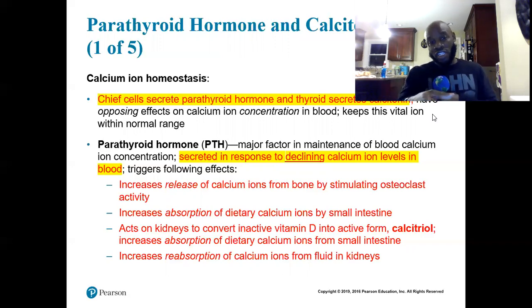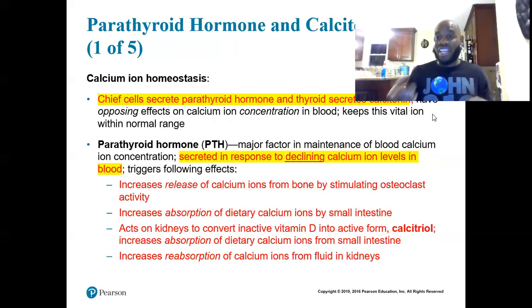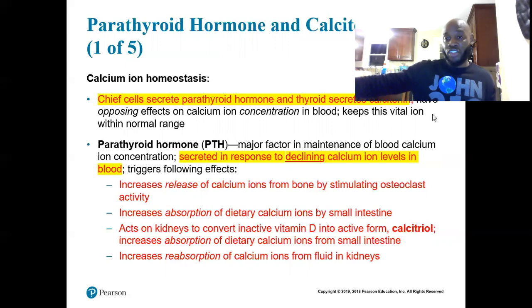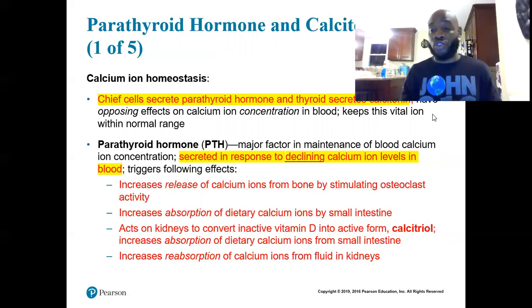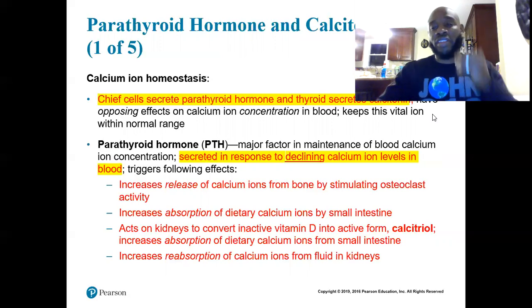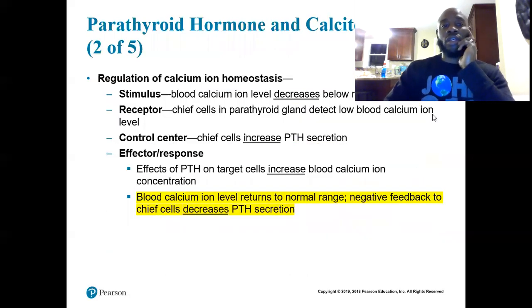And so if your calcium ion levels are low, your body will reabsorb the calcium that has been filtered out of your bloodstream before we release it from your body and turn it into urine. It'll filter it out and bring it back into the body, right? So that's what parathyroid hormone does.